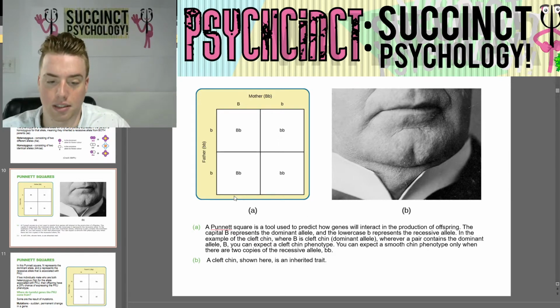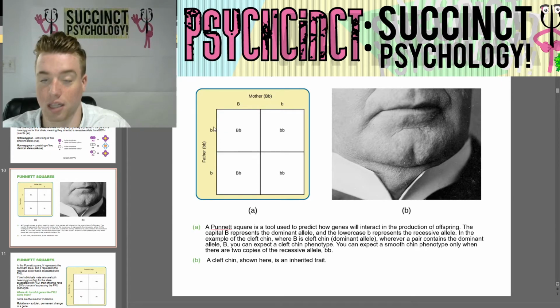To break down this Punnett square, in case it seems confusing, it's actually really simple. You have two axes here, and here's the father's alleles: he has two recessive alleles, so he's homozygous recessive. Then you have the mother, who is heterozygous, with a dominant and a recessive. All you have to do is make these four little squares and put the two parents' alleles on each side.